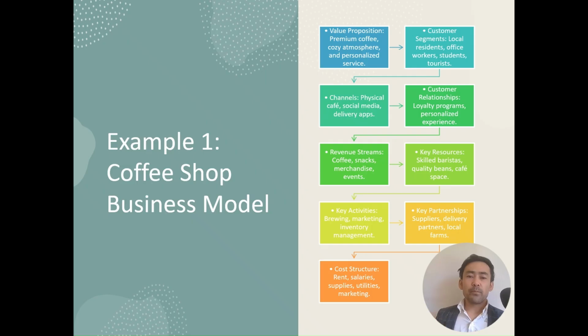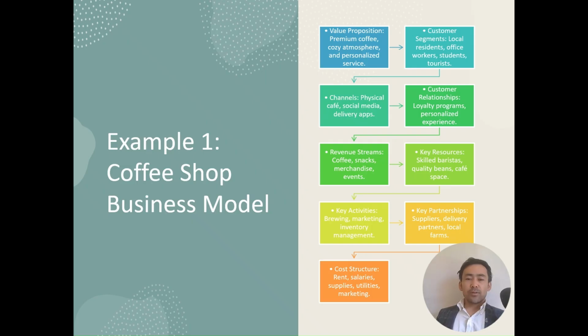It could be all of these at the same time. The customer relationships that a coffee shop business model uses would be, for example, loyalty programs. It could be a personalized experience that they create so that their customers would be repeat customers, returning clients.